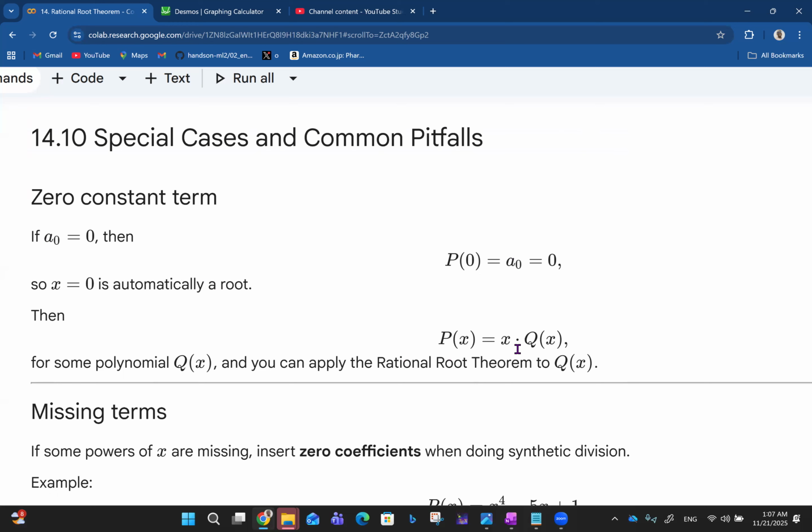Then p of x will just be x times q of x for some polynomial q of x. So if the constant is 0, x is automatically a root, and the polynomial, the dividend, equals the divisor x multiplied by the quotient. You can apply the rational root theorem to q of x and then continue. So be careful. Once you don't have a constant, it means 0 is a root automatically.